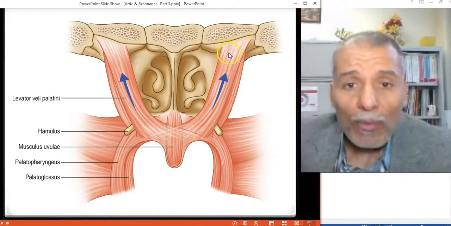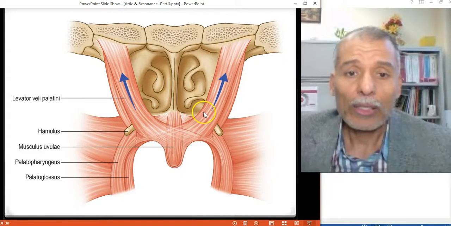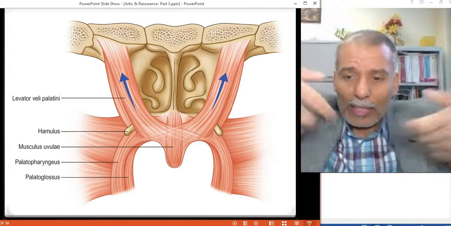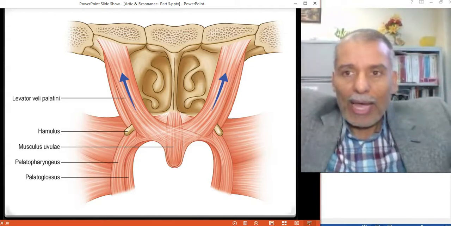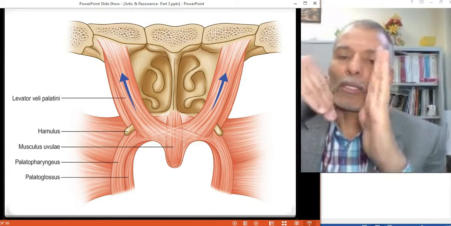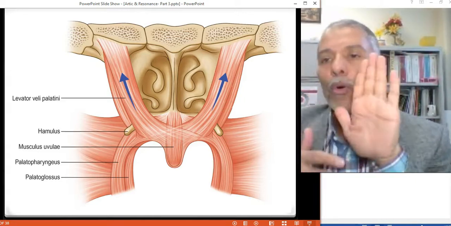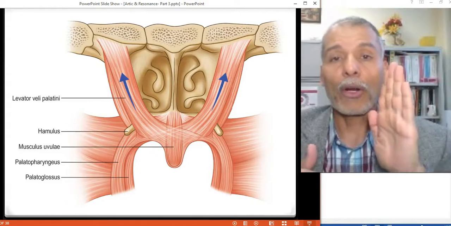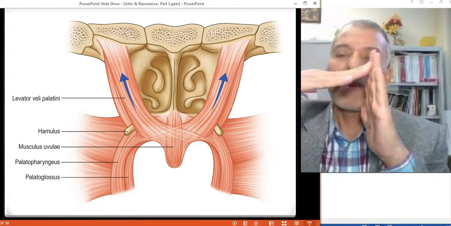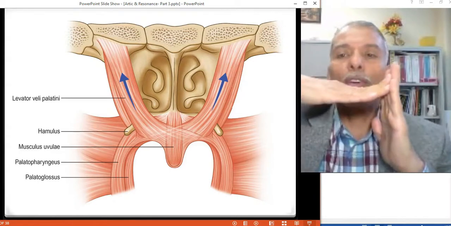So when the muscle contracts, it's going to elevate the velum from two sides. It's just like a hammock, and they elevate and pull back. Because your goal, the velum is like this, the back wall, the posterior pharyngeal wall, is like this, and you want to elevate the velum, make it seal against the posterior pharyngeal wall.